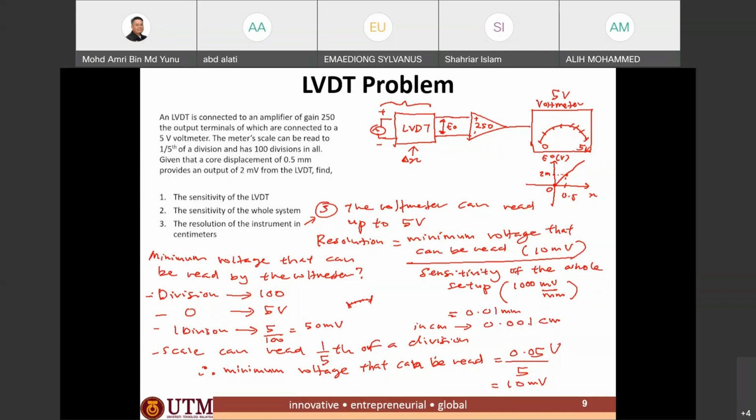That's the resolution. So that's the smallest resolution of the displacement the system can detect and show on the voltmeter, 0.001 centimeter.